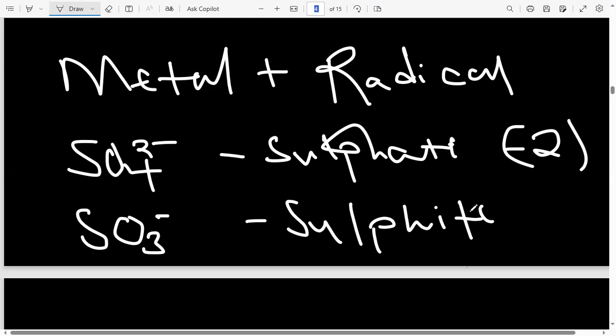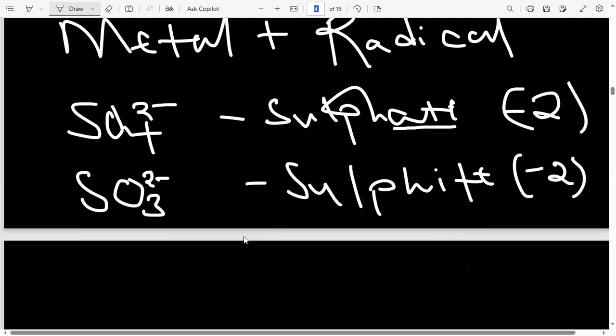So notice the difference: if you have 4 here, this should be sulfate. If you have 3 there, it is sulfite. And it also has a charge of -2. So I'm just listing out some of the common radicals.